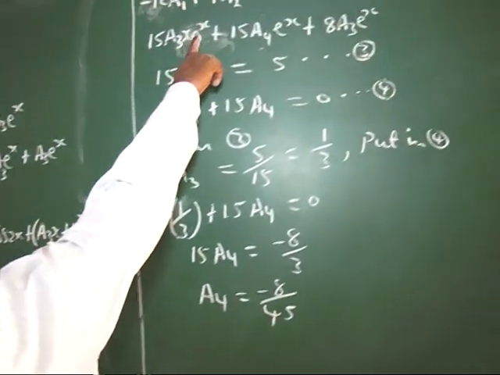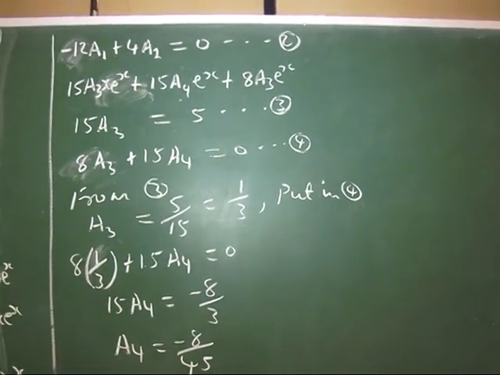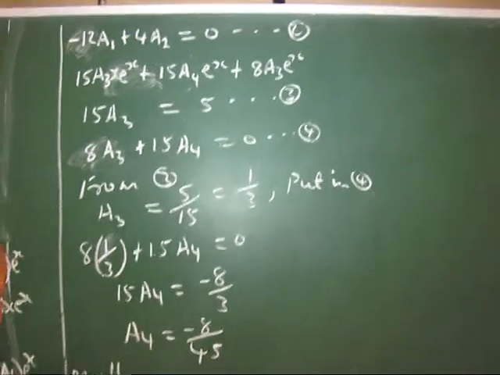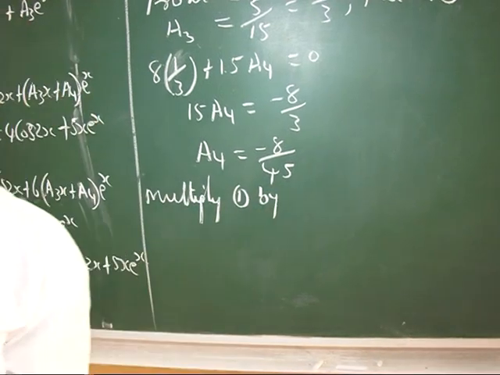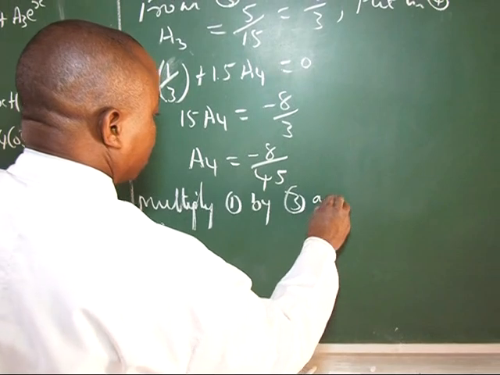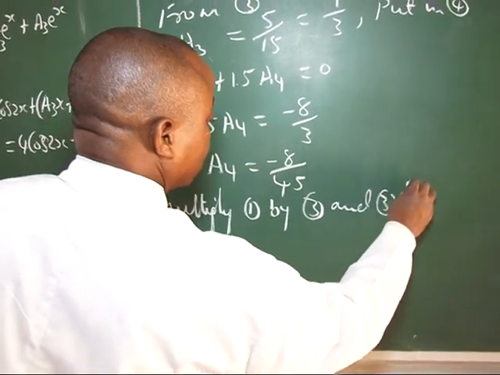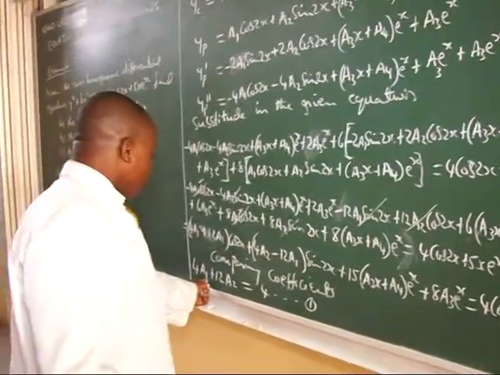Minus 12a1 plus 4a2 is equal to 0. So then we can multiply 1 by 3 and 3 by 1.